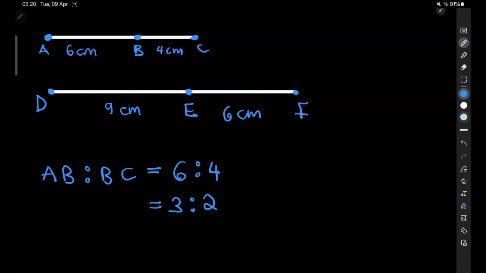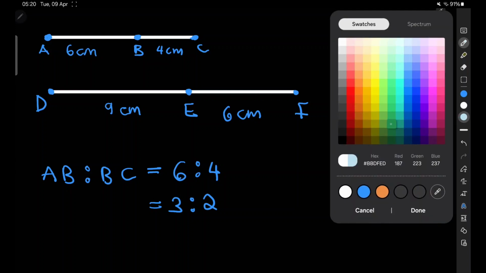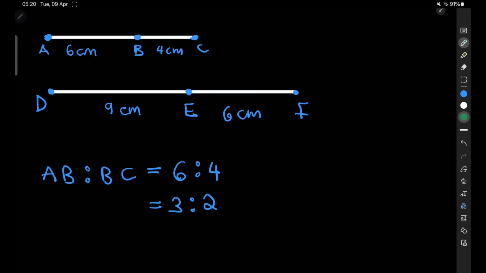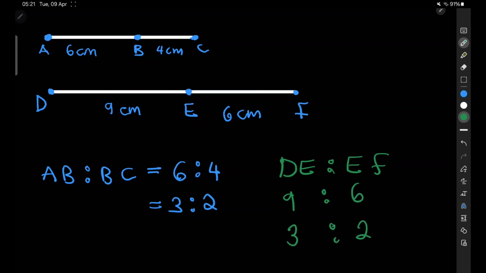And the ratio of line DEF, DE to EF, would in this case be 9 to 6, and if we simplify that, we get 3 to 2.